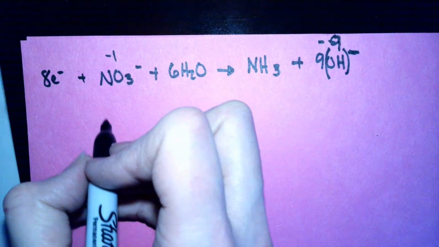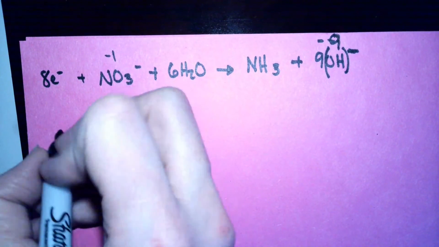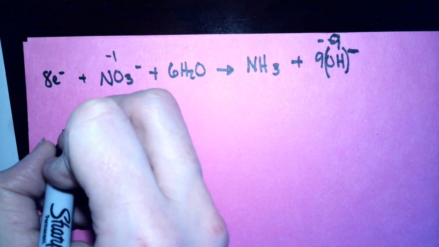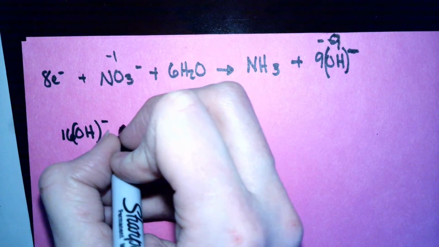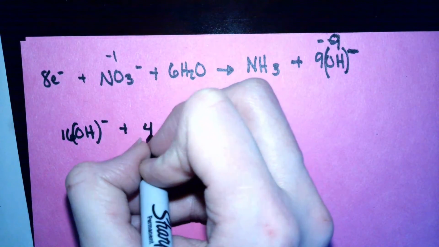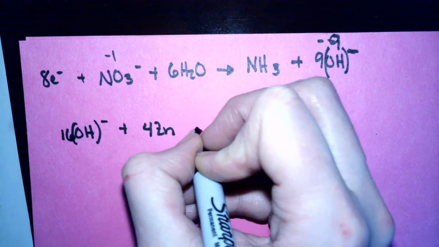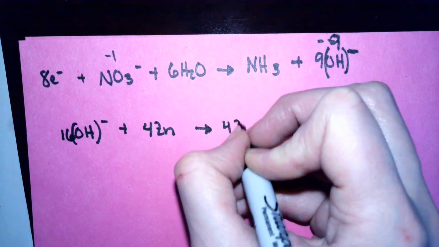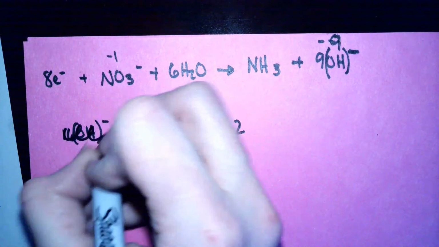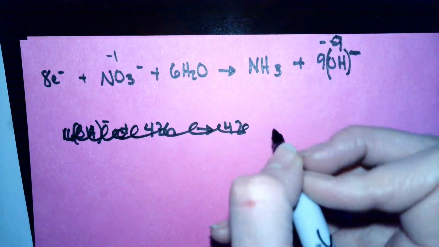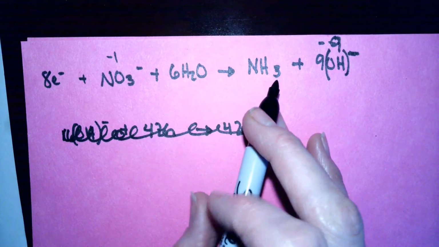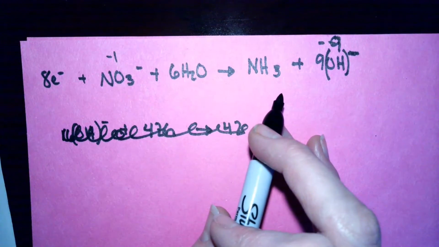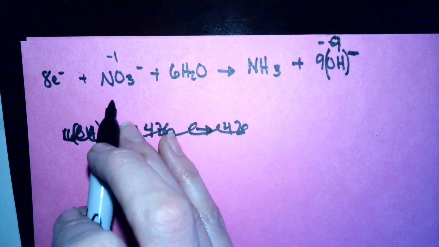Alright, so if this is 8, the other half reaction was 16OH minus plus 4 zinc. Oh no, goodness gracious, I'm writing a random one. Okay, it was the zinc and nitrate, and so I just wrote my nitrate one.